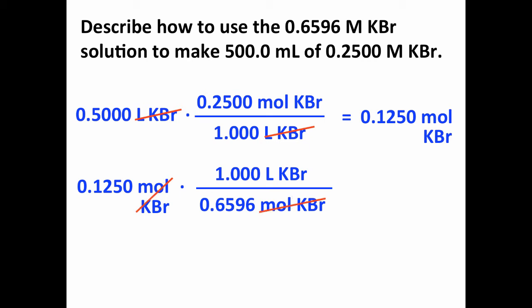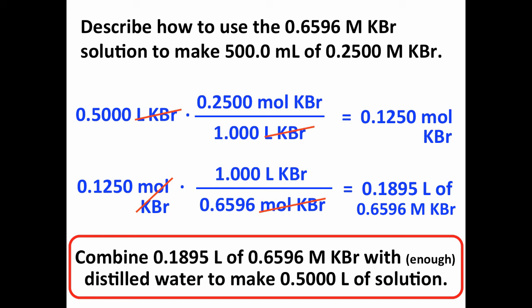It's kind of upside down in a sense because we want to cancel out moles and we want to get liters. And when we do this calculation, we find that we need 0.1895 liters of this more concentrated 0.6596 molar KBr solution. And if we use that, add water to it, and dilute it appropriately, then we will make the amount we want of the more dilute 0.2500 molar KBr solution.